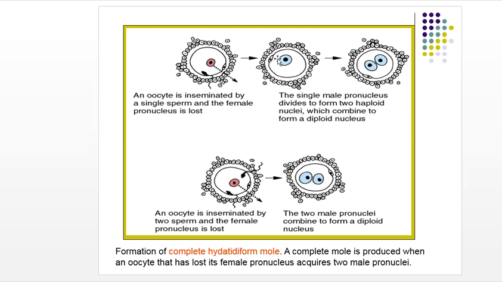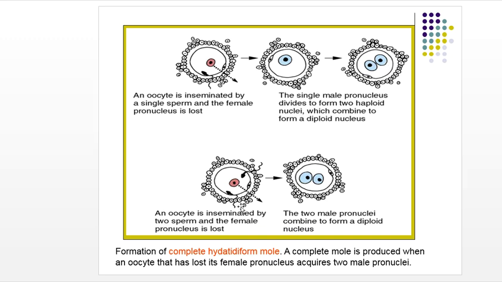As a result, we have a single male pronucleus. This single male pronucleus divides to form two nuclei, which combine to form a diploid nucleus. But here we have only the paternal genome. As a result, only the placenta is formed in this embryo.